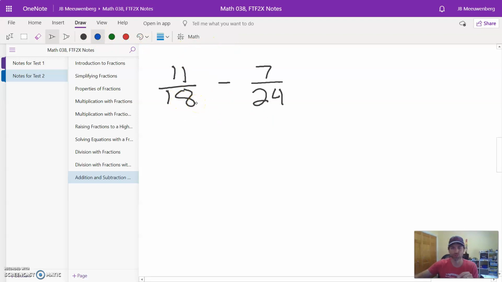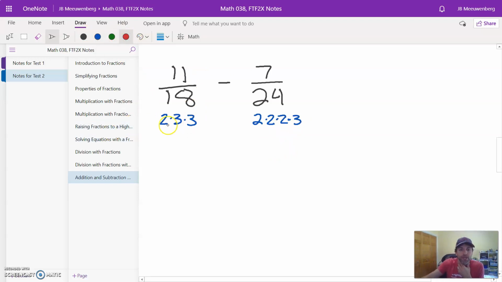If I do a factor tree, I would end up with 2 times 3, I'm going to make it a little smaller, 2 times 3 times 3. 2 times 9 is 18. 24 is 2 times 2 times 2 times 3. 4 times 6. So now we compare the two prime factorizations.